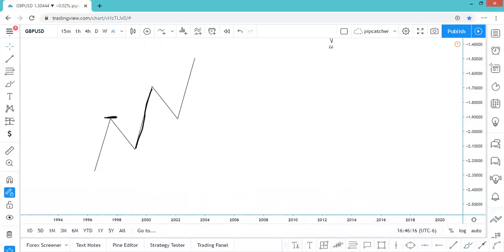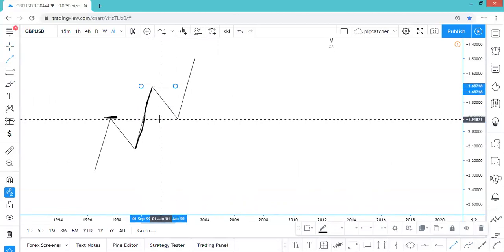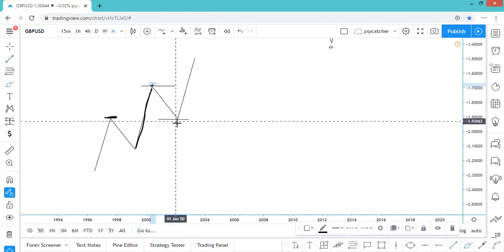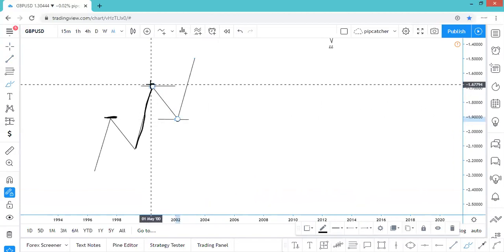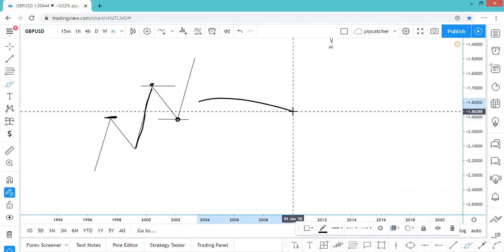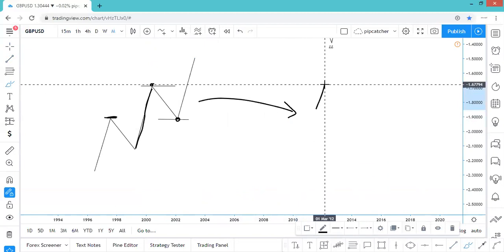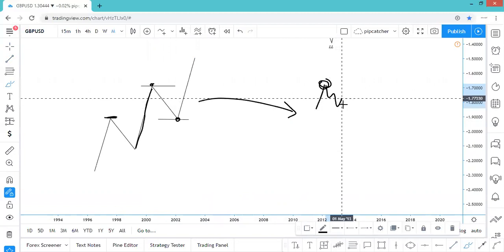But in this area right here, from this high to this low, there's that retracement for the higher time frames, right? So in that area, after you get that peak of the high, we need to make a retracement.